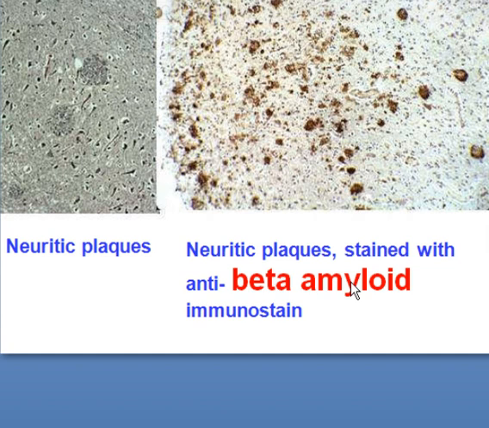This is a different type of amyloid called beta amyloid. Nevertheless, it could stain with Congo red, like the other stuff does. But the best way to identify beta amyloid is to have an immunostain, which shows a specific reaction against the beta amyloid. So look at all this beta amyloid in the brain.